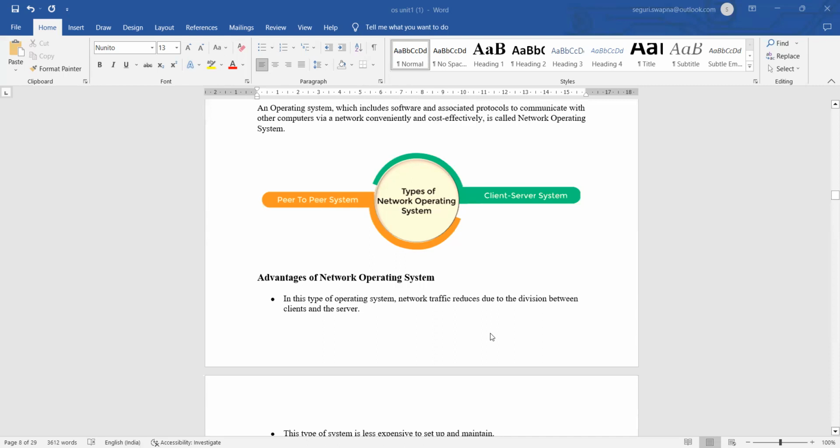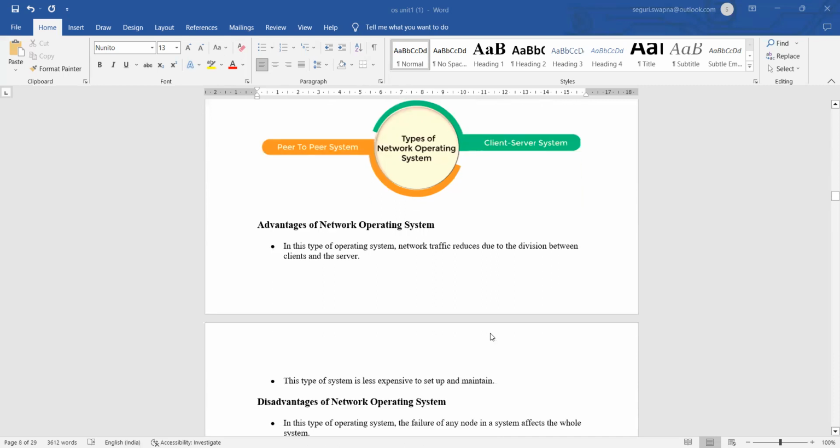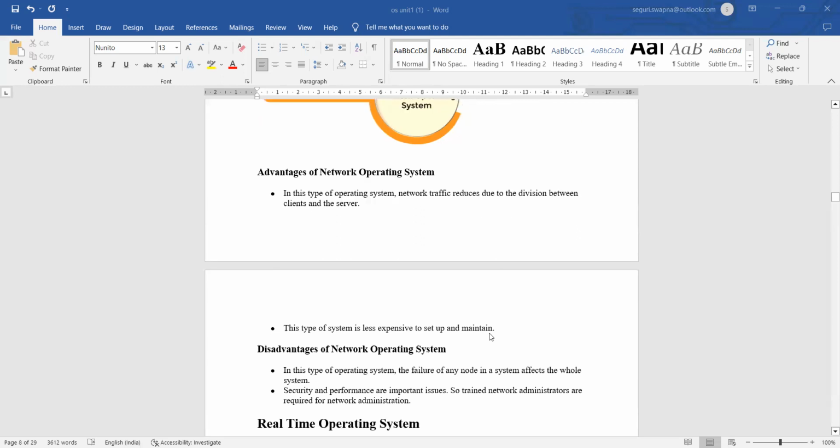Coming to the advantages and disadvantages of network operating system, it manages the traffic and reduces the traffic that occurs due to the client and server. And it is very less expensive and easy to set up and maintain.